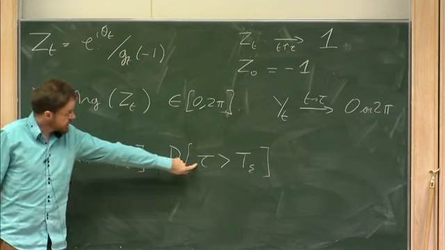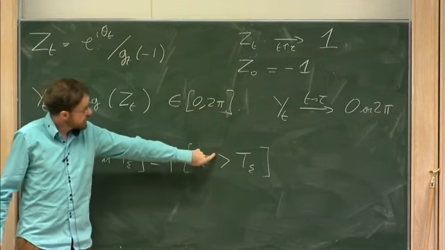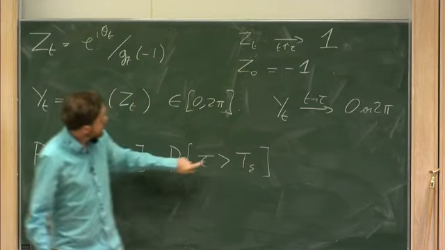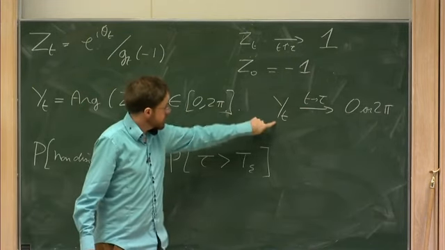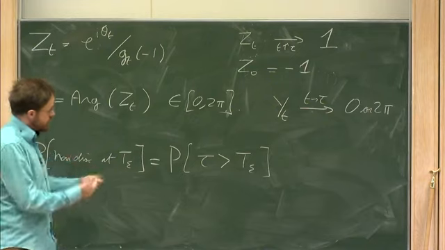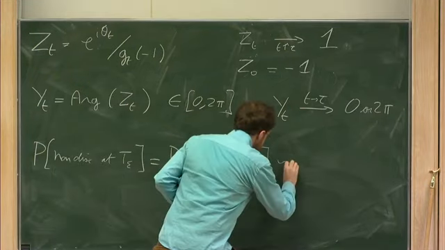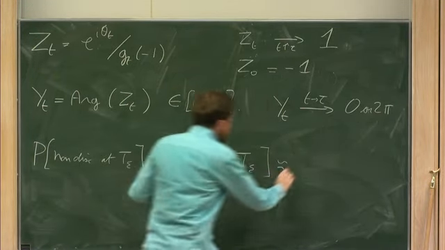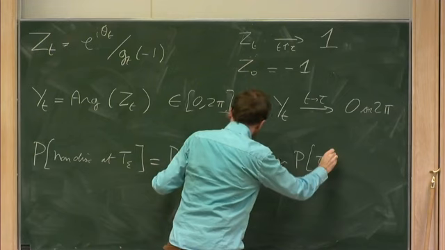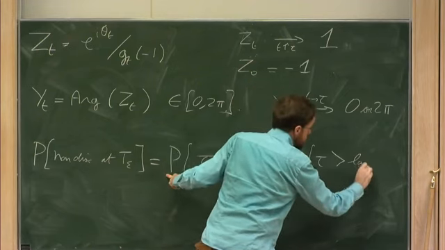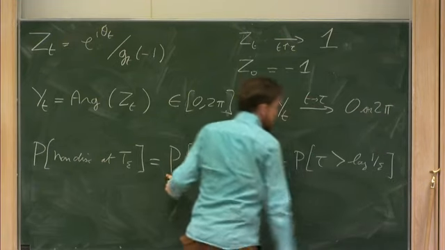And now we have a characterization of tau in terms of the behavior of this yt here. And on the other hand, T epsilon is something like log of 1 over epsilon. So this is the same as the probability that tau is bigger than log 1 over epsilon.